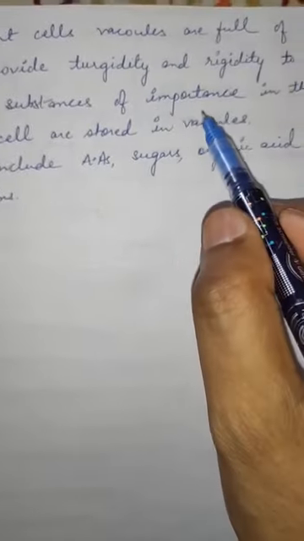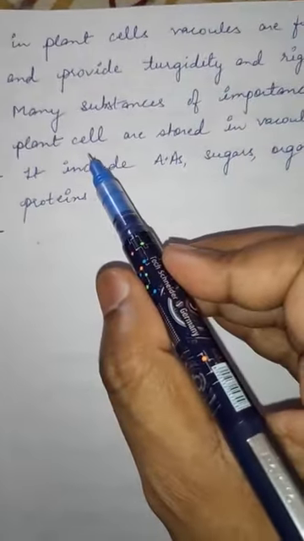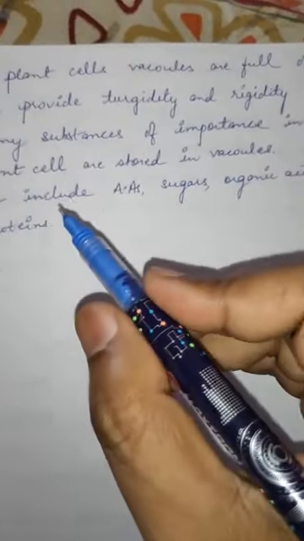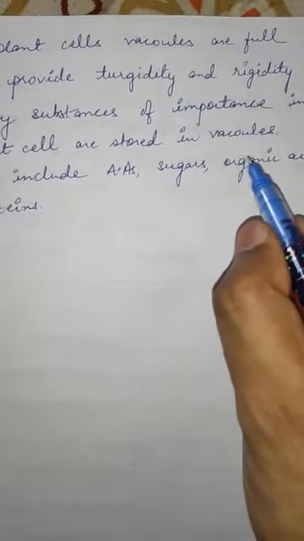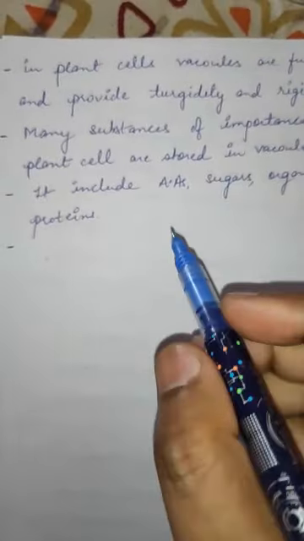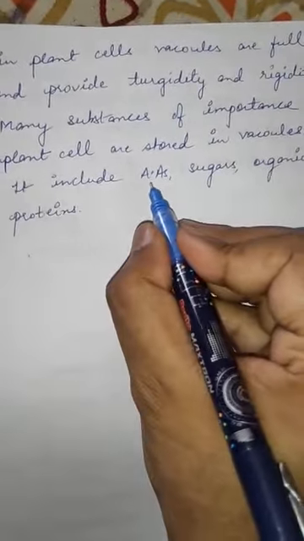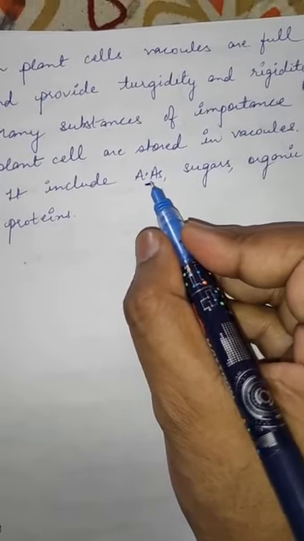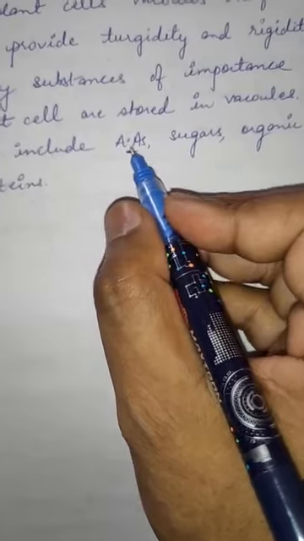Many substances of importance in the life of a plant cell are stored in vacuoles. It means some substances which are important in the life of plants are stored in the vacuoles. What does it include? It includes amino acids, which join together to form proteins, right?